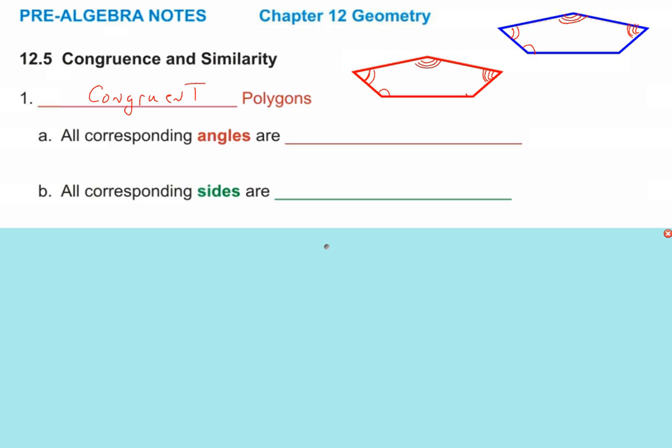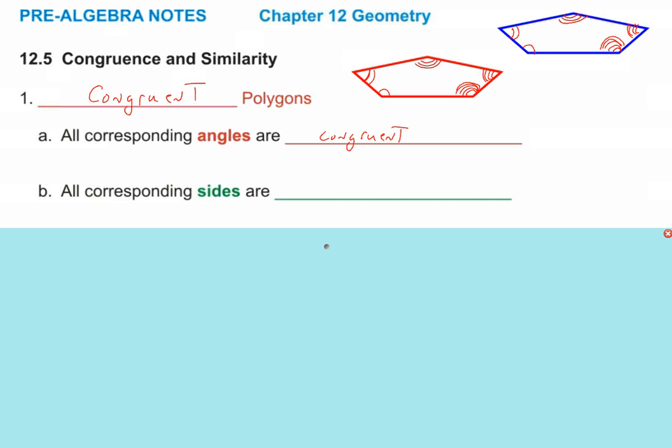And the bottom angle in the red, 2, 3, 4, 5, is congruent, 1, 2, 3, 4, 5, to the bottom angle in blue there. And so to say that geometry-wise, we say all corresponding angles are congruent. The corresponding ones, the ones that match.